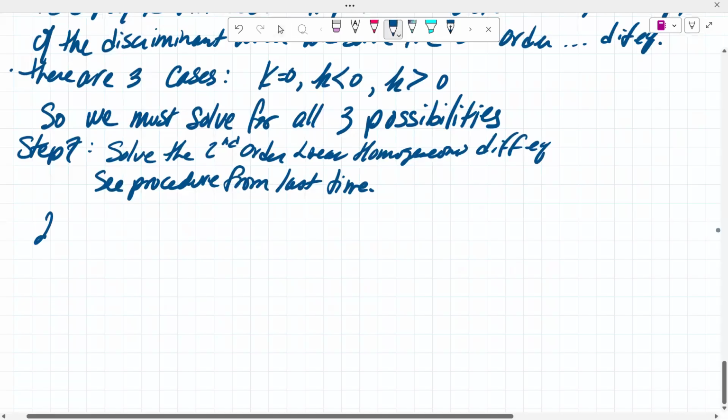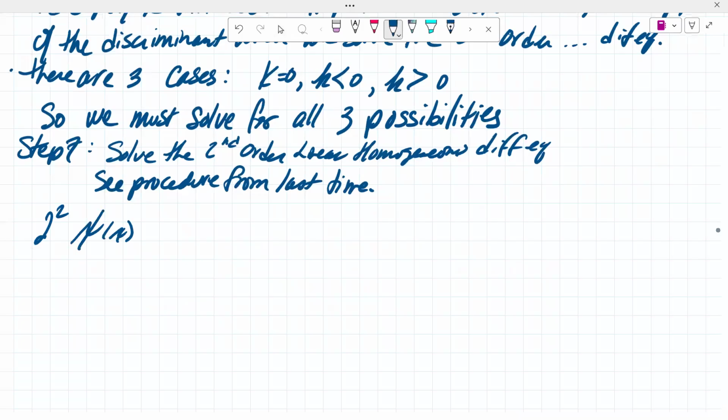B squared d squared X of x over dx squared minus kX of x equals 0. Right, this is from above.